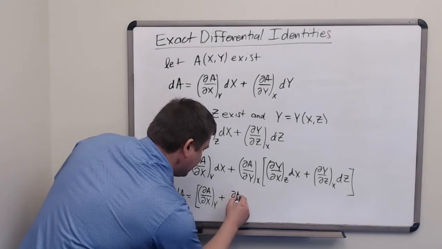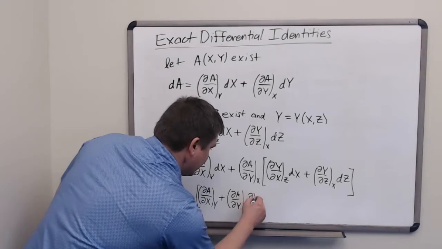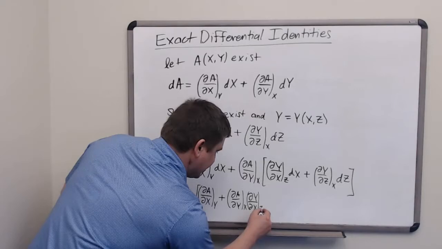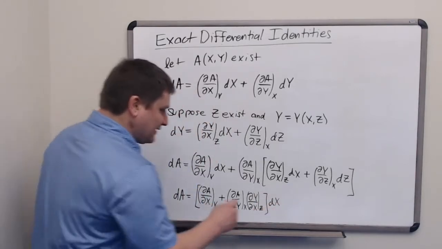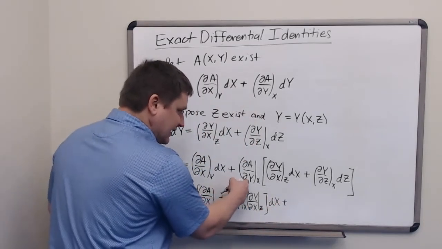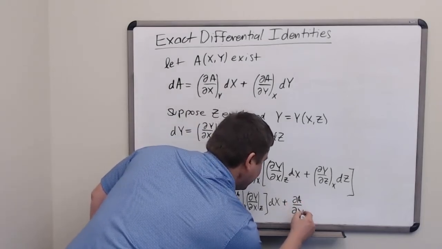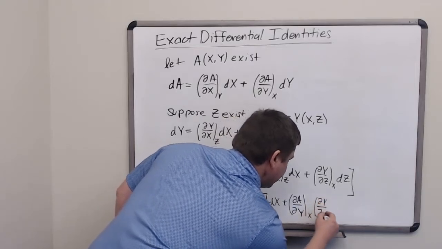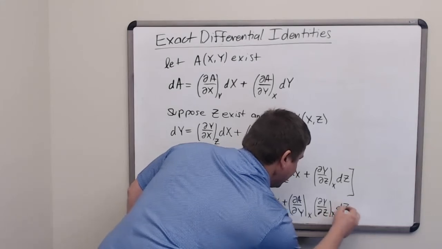So partial of a with respect to y with x, and partial of y with respect to x with z constant there. So that's what multiplies dx, and the thing that multiplies dz is this outside times that inside the brackets. So partial of a with respect to y times partial of y with respect to z, that multiplies dz.